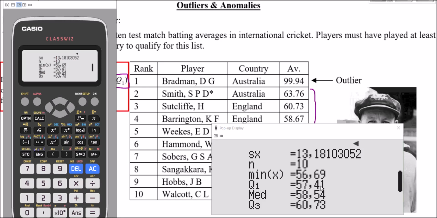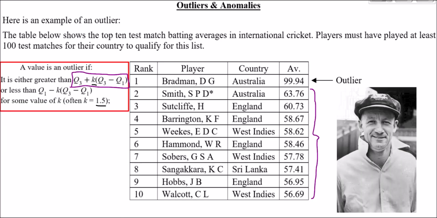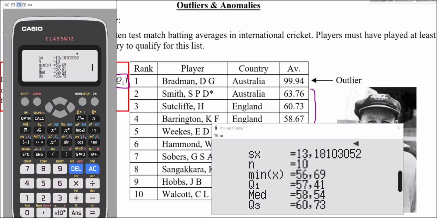So Q1 is 57.41. And Q3, if we go back here, Q3 is 60.73.